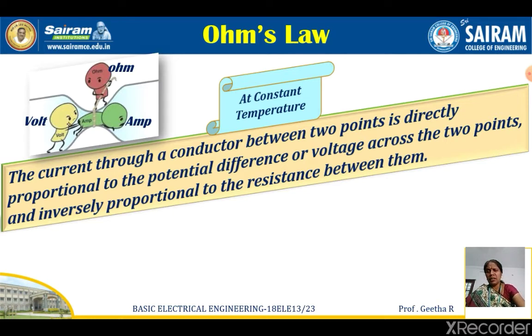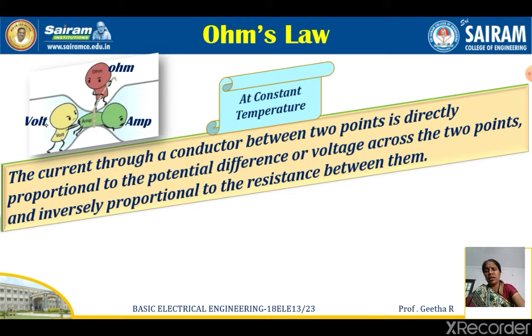So this diagram very well explains that for the current, the ampere, to flow, it needs some push that is given by the volt. It needs some pressure, some energy that is given by the volt.